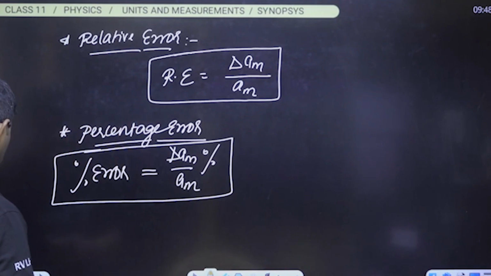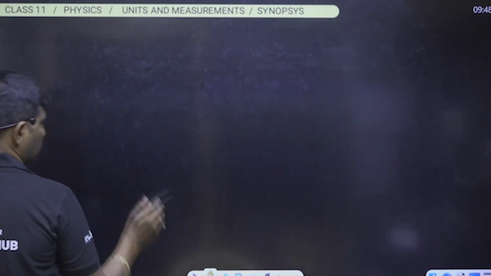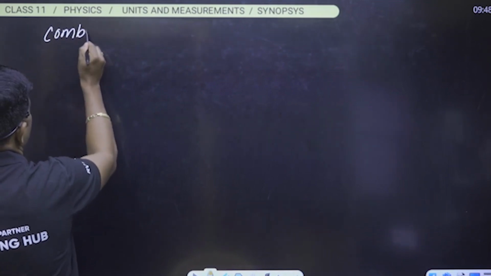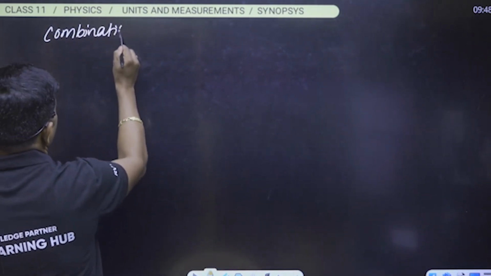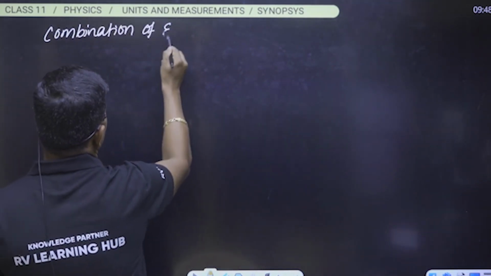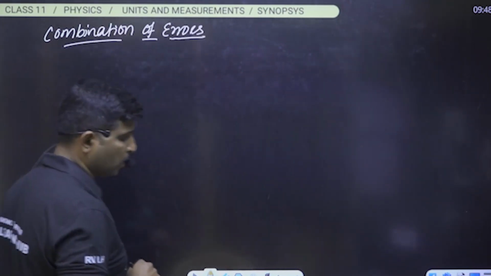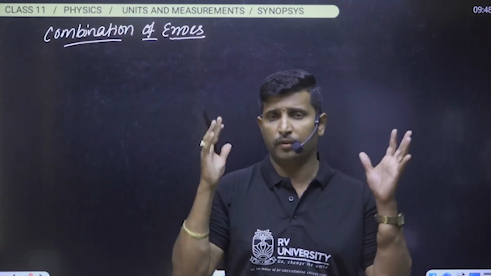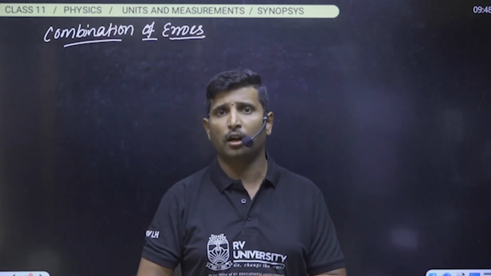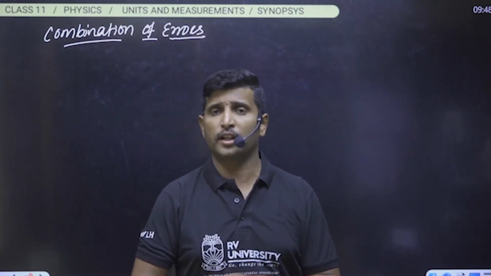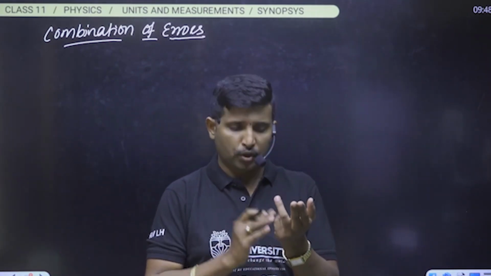So let us move on to the next concept, that is combination of errors. Why do we have to go with the combination of errors? For example, if we want to measure the density of an object, we have to make several measurements: the measurement of mass and the measurement of volume.